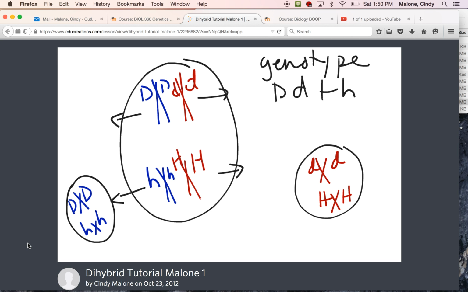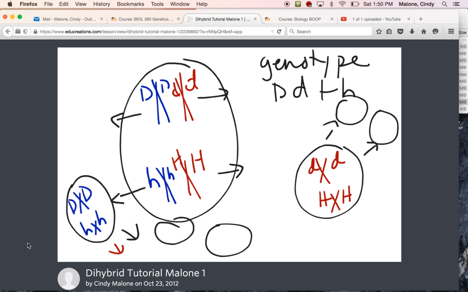And then, of course, once we go ahead and make the actual gametes, that's big D, little h, big D, little h, and this is big H, little d, big H, little d.